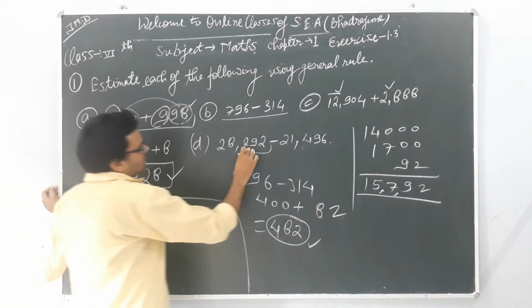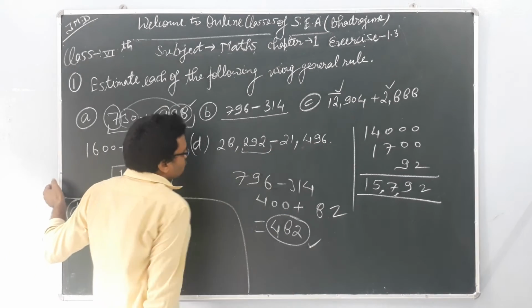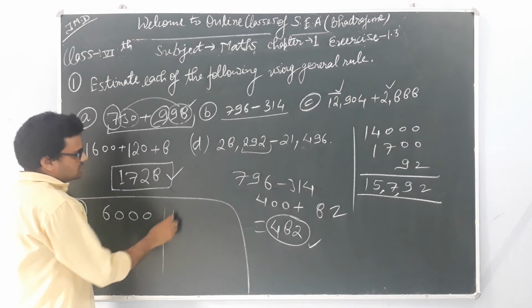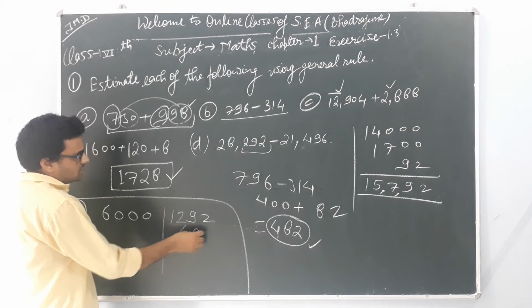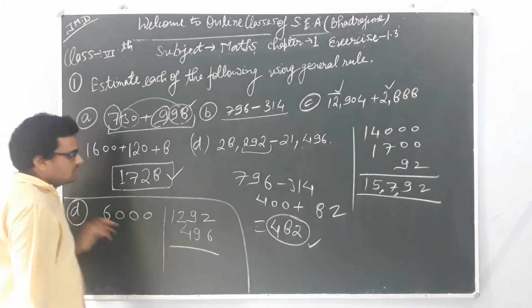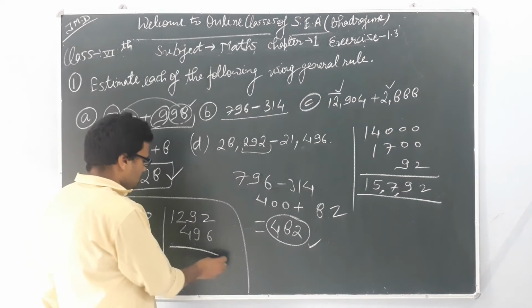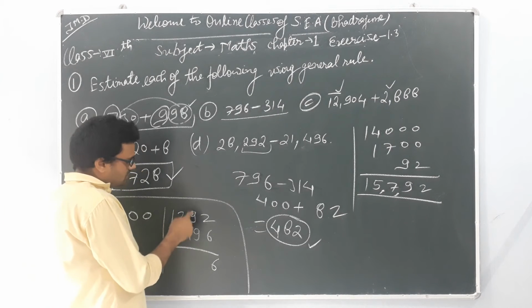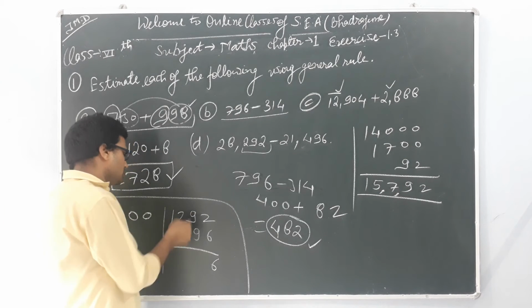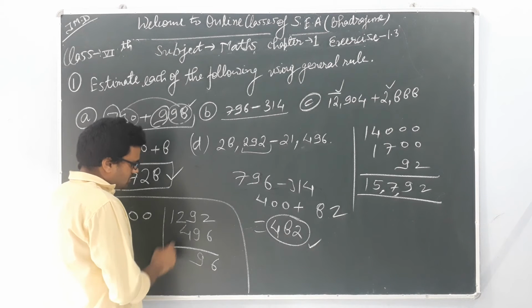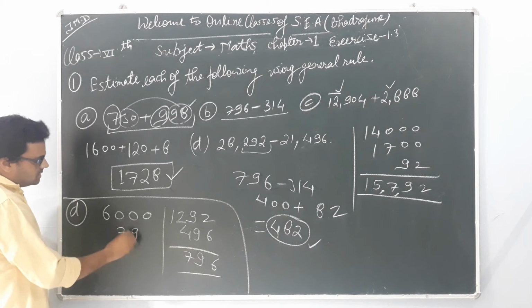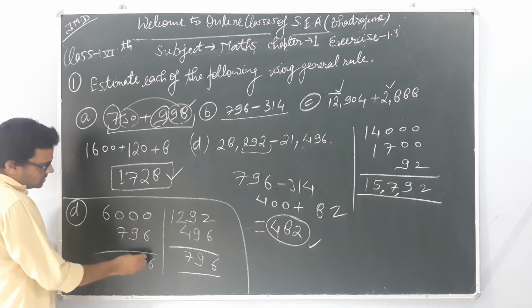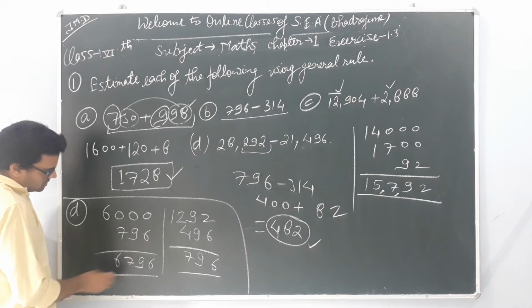But here we are seeing 92 and 96, so I am going to write this: 1292 minus 496. 12 minus 6 is 6, 18 minus 9 is 9, 11 minus 4 is 7. This is 796. So the answer is 6976. Okay, this is our answer.